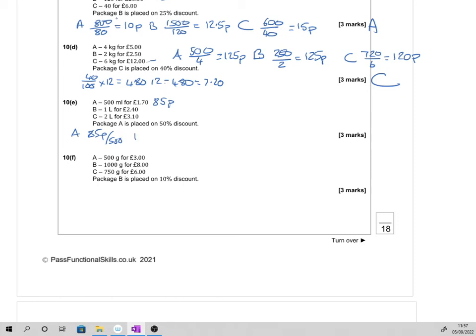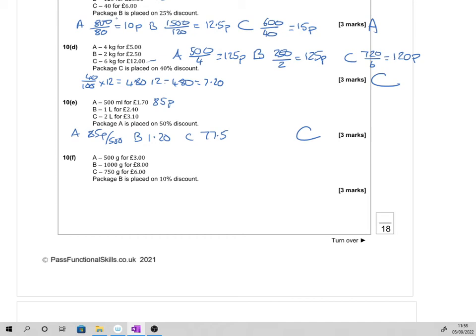Divide that by 2, so that's going to be £1.20 per 500, and C, we divide £3.10 by 4, which is going to be 77.5 per 500. So C is way cheaper.